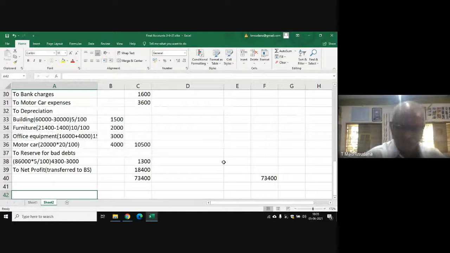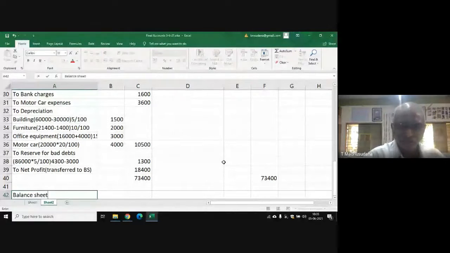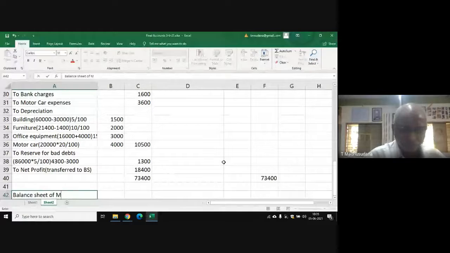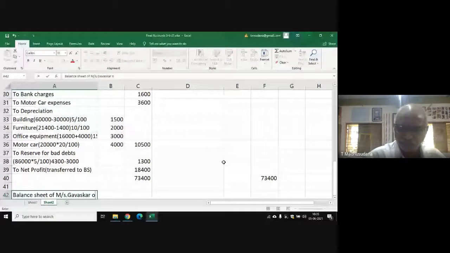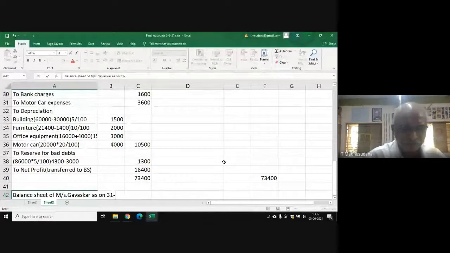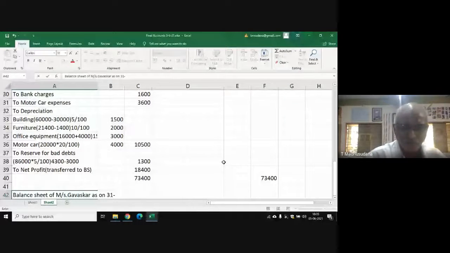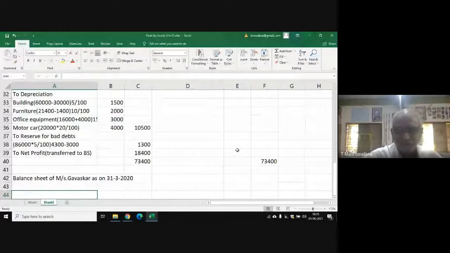What is the heading for the balance sheet? Balance sheet of Messrs. Gavaskar as on 31/3/2020. So that is a heading. It is to be written in the center.